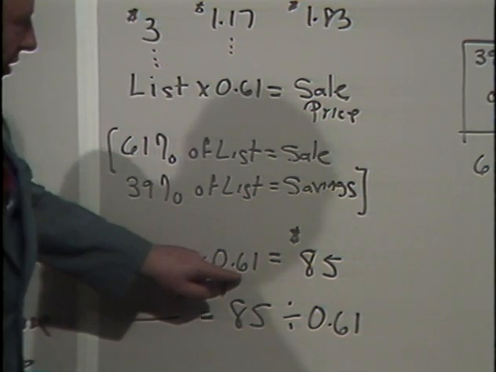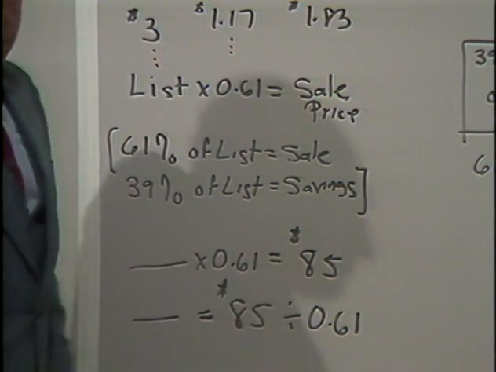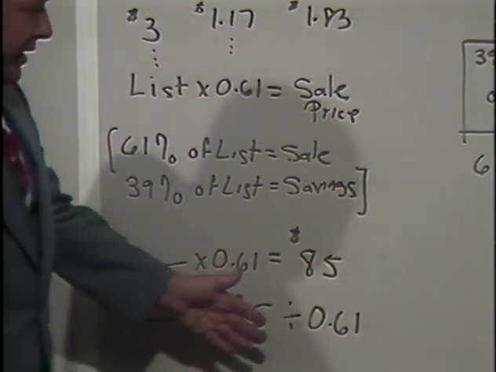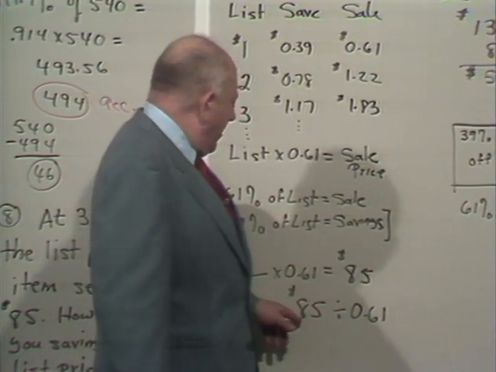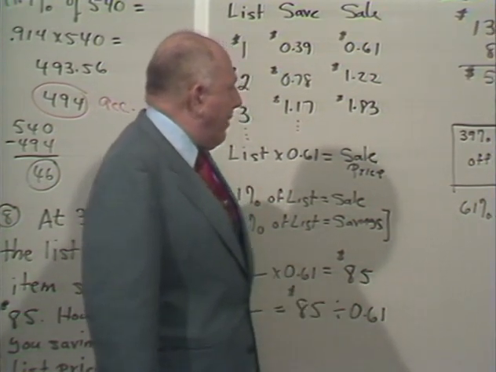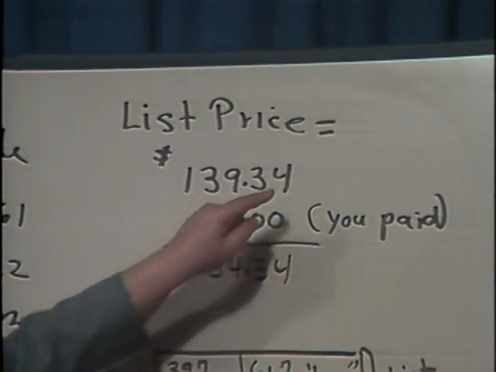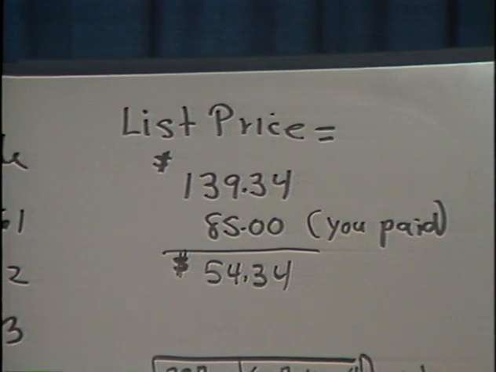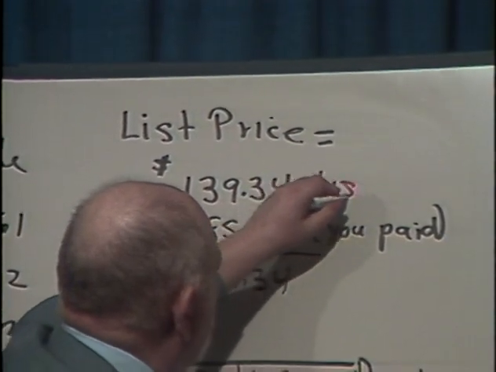Blank times 0.61 equals 85, says blank equals 85 divided by 0.61. That might take a little while longhand, but with the calculator, that's very easy. I simply take the 85, divide that by 0.61, rounding it off to the nearest cent, and I write down what I see on my calculator. That's $139.34. That was the list price.